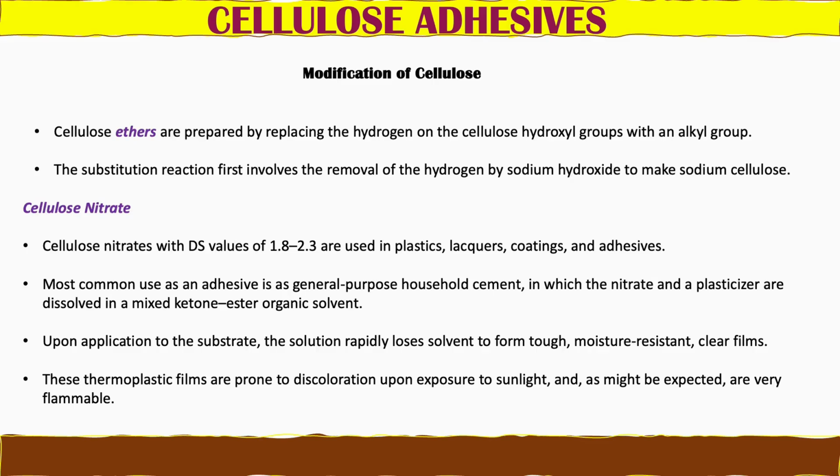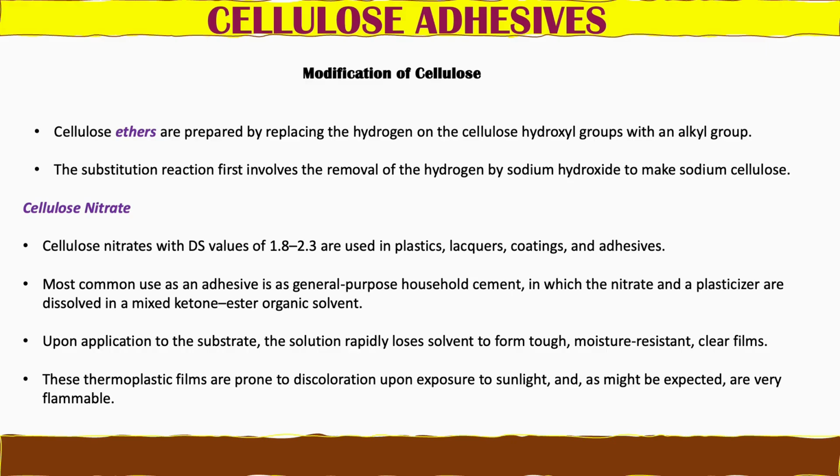Let's see what are those derivatives which we talk about for the sake of adhesives. The number one is the cellulose nitrate. Now cellulose nitrate is basically used in lacquers, plastics, coatings, along with the adhesives. So besides adhesives, it has various uses in plastics, in lacquers and coatings also. But if we discuss the cellulose nitrate as an adhesive, it is used in the household cement with the nitrate and a plasticizer commonly dissolved in a ketone ester, which is an organic solvent.